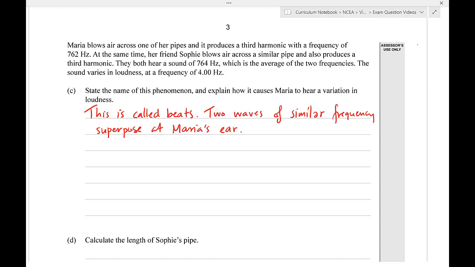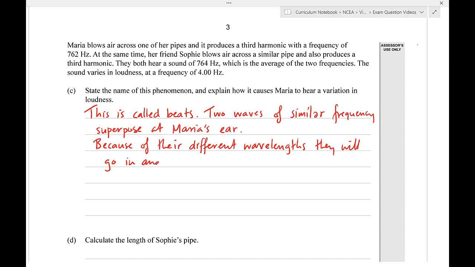Because of their different wavelengths, they will be in and out of phase.